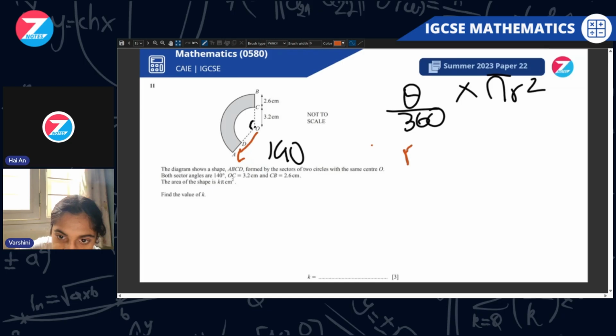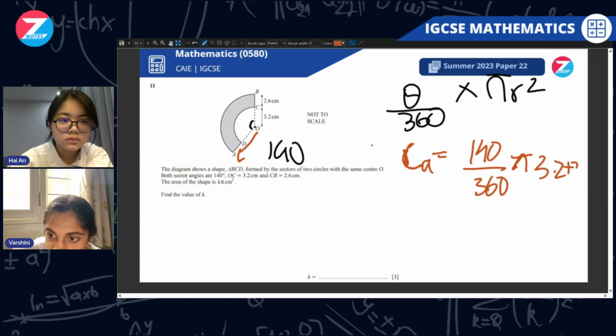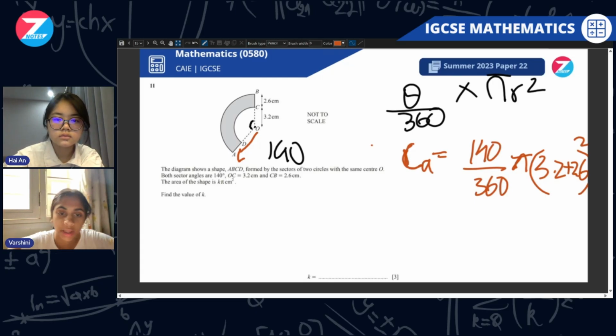So let's take the area as equal to 140 by 360 into pi, and R will be 3.2 plus 2.6, squared. Okay. So if you put that in your calculator, divided by 360 into, and remember, just use the pi button in your calculator.